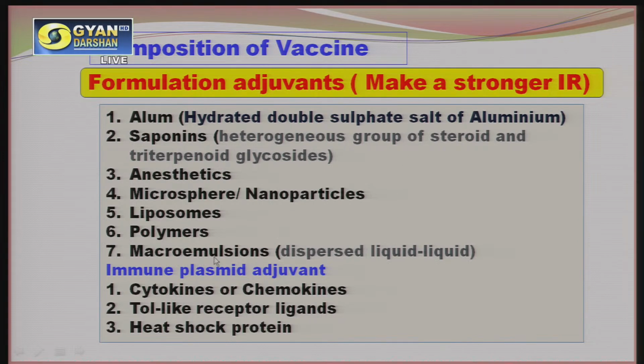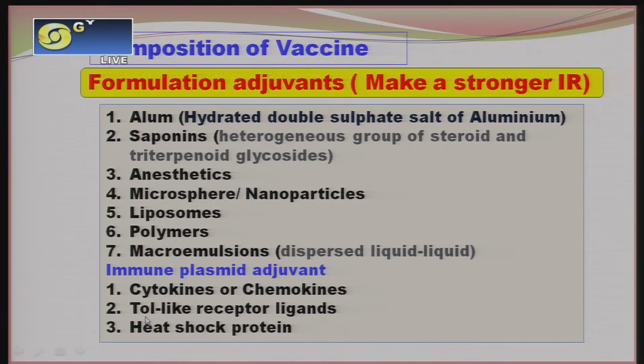So these are the various formulations, various adjuvants we can utilize. They are able to make a stronger immune response inside the body, and we can improve the quality of the vaccines. We can store our vaccine for a longer duration. Another thing, we can add immune plasmid adjuvants, cytokines or chemokines.